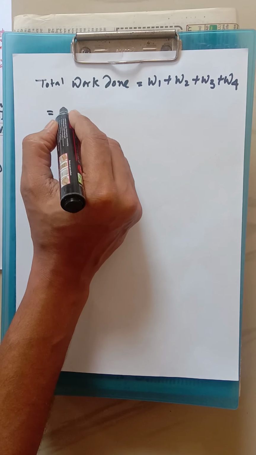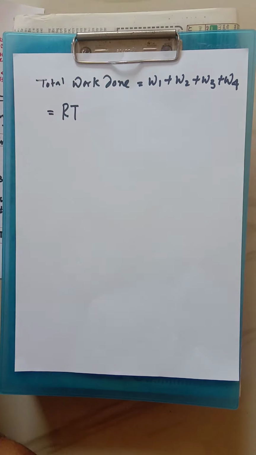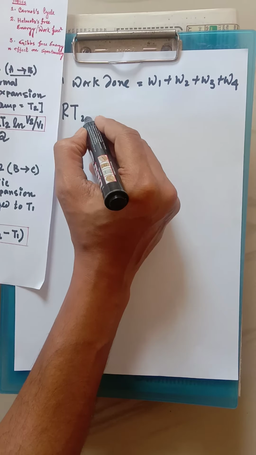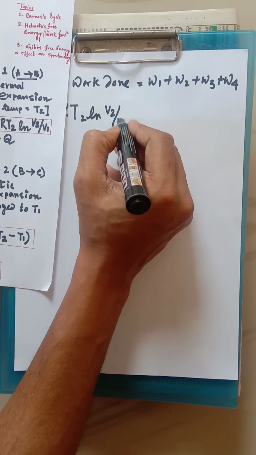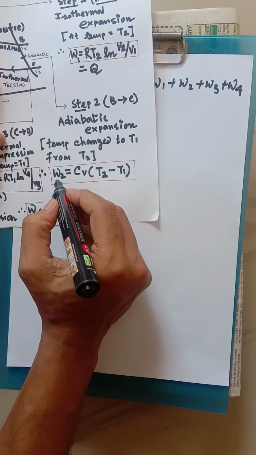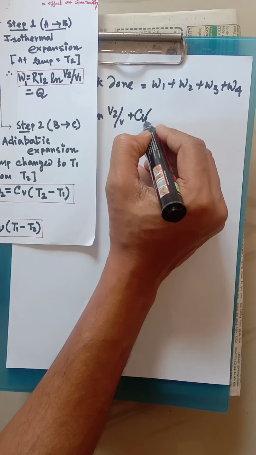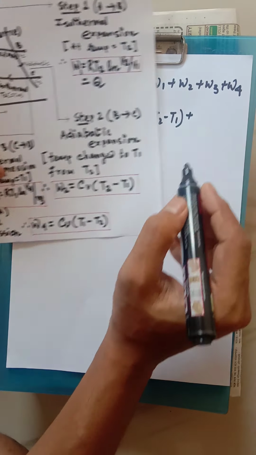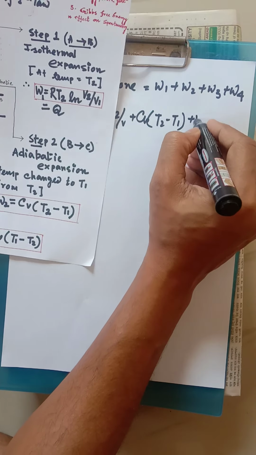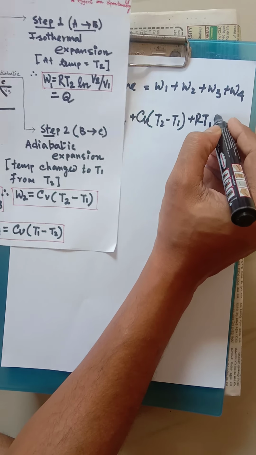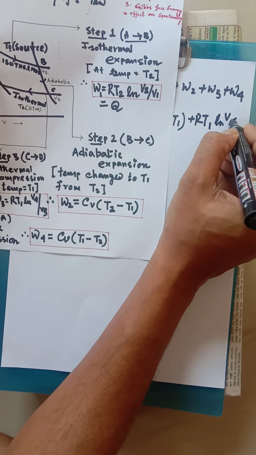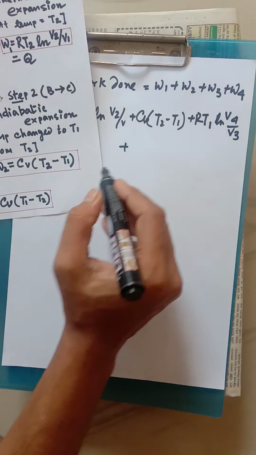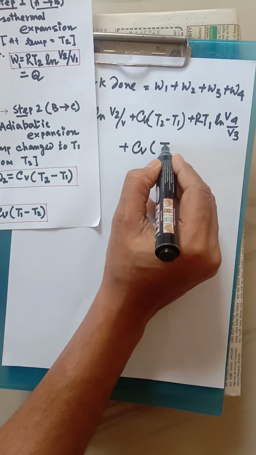W1 is RT2 ln V2 by V1, plus W2, that is CV (T2 minus T1), then W3, RT1 ln V4 by V3, and the remaining one, W4, CV (T1 minus T2).